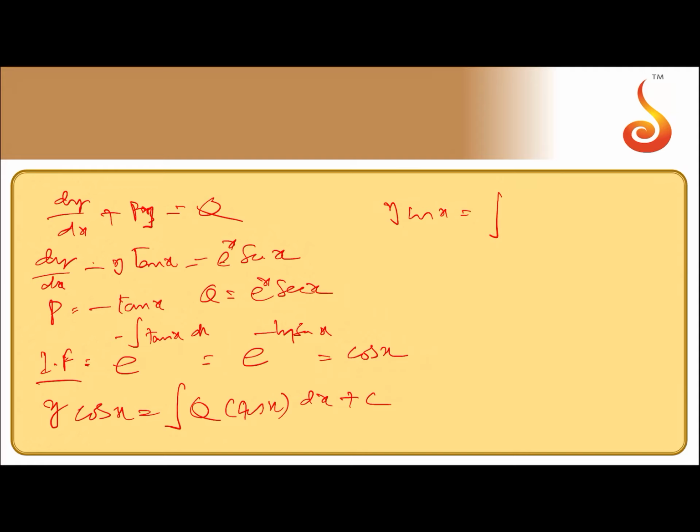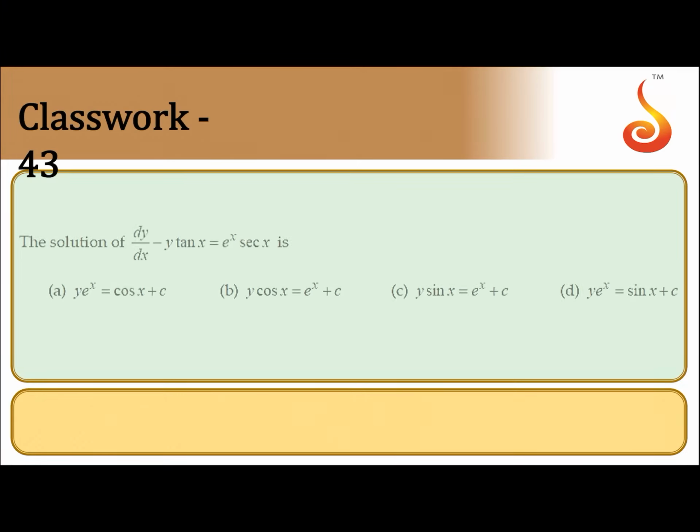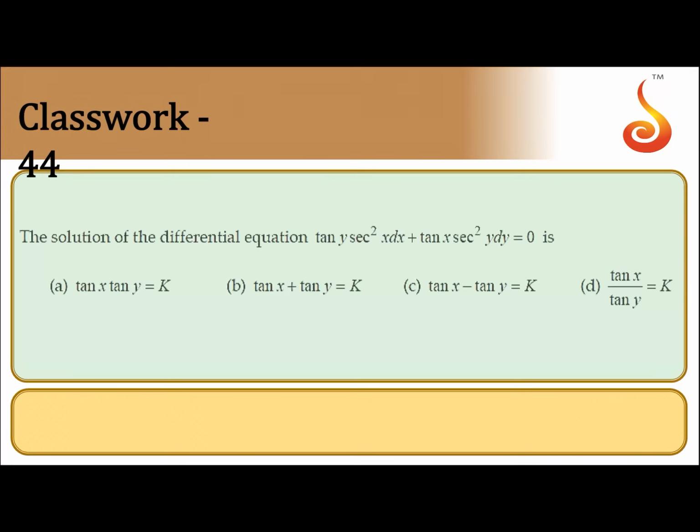So y into cos x equals the integral of e power x into secant x into cos x, which becomes e power x dx plus c. So y cos x is equal to e power x plus constant. The answer is B.